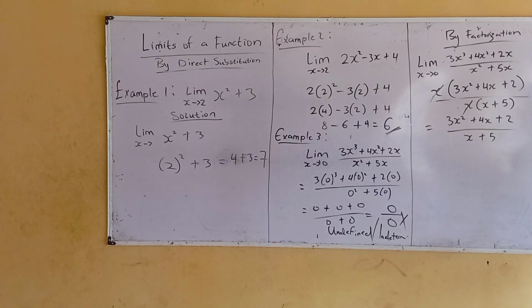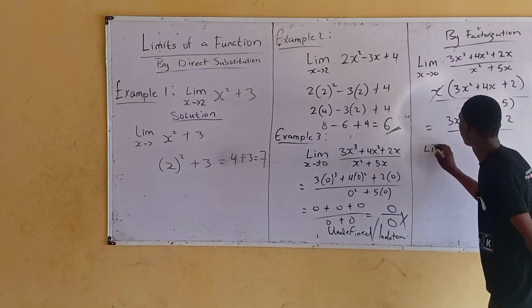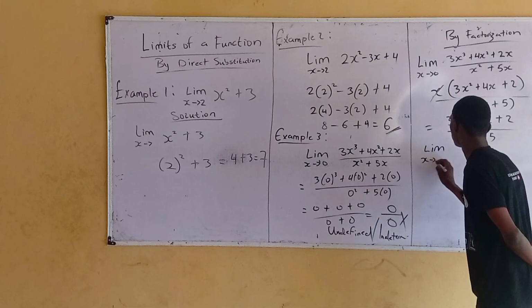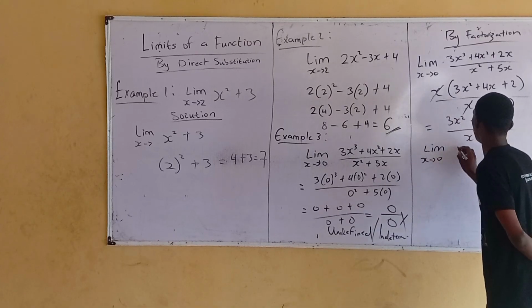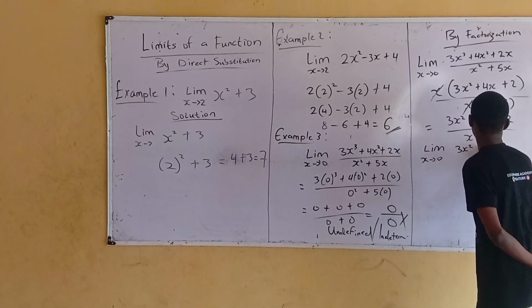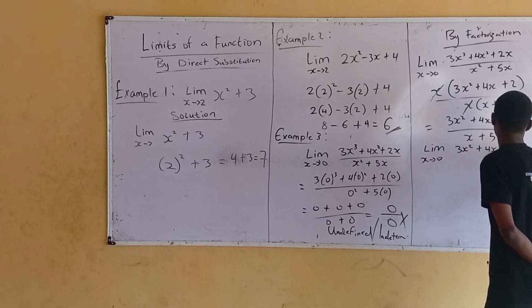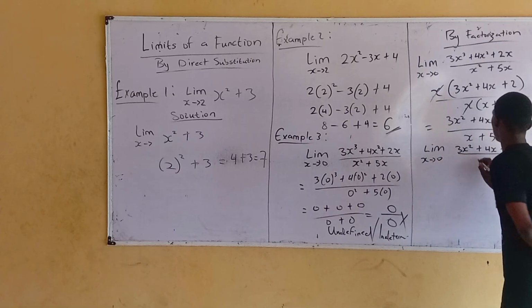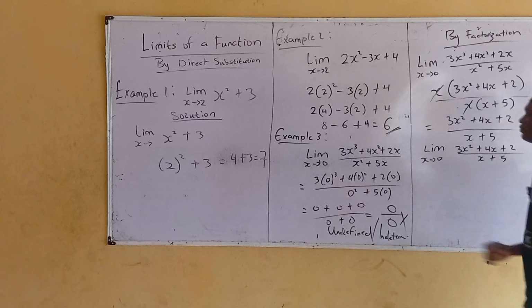Do we get that? So we can now say lim x tends to 0 of 3x squared plus 4x plus 2 over x plus 5. We can now work with this.